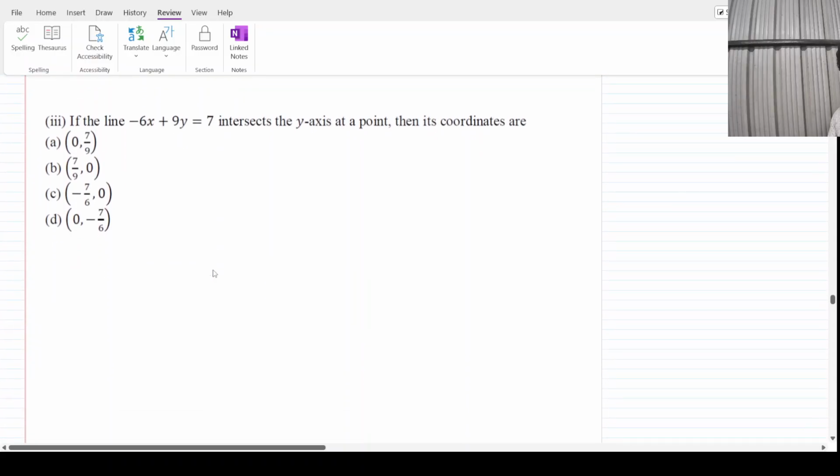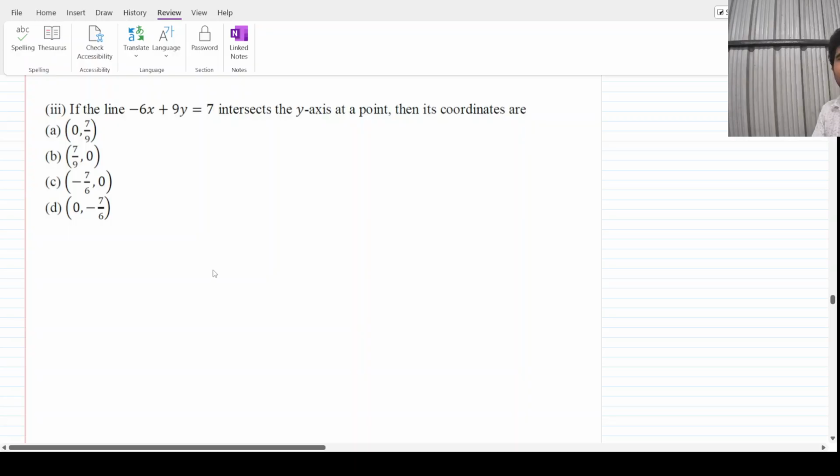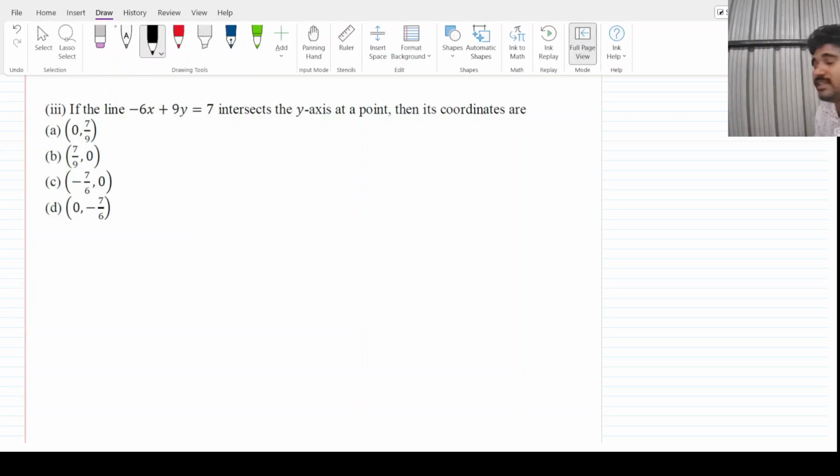Try to answer this question. Listen. If the line intersects the y-axis, what did they say? This line is intersecting the y-axis. Intersecting which axis? Y-axis.